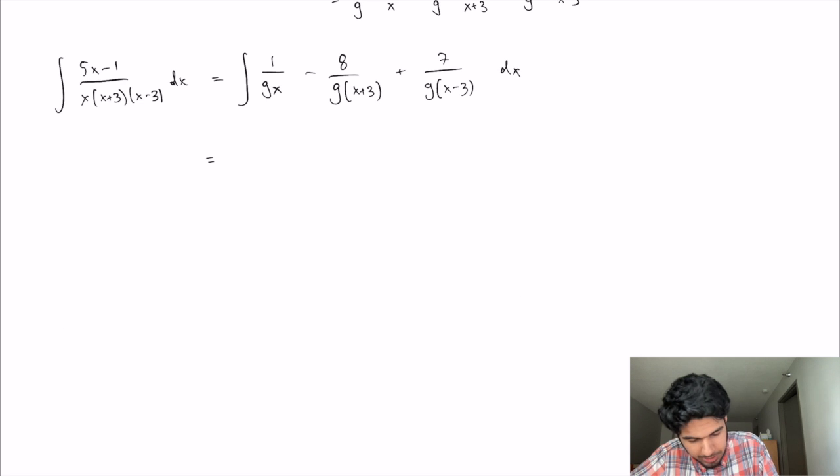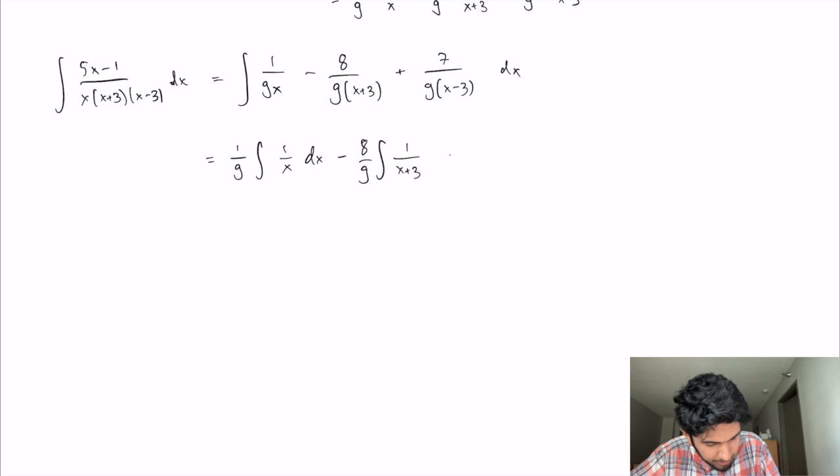So this will be equal to the integral of 1/9 times 1 over x, so we can just bring the 1/9 out in front, dx, minus 8/9 integral 1 over x plus 3 plus 7/9 integral 1 over x minus 3 dx.